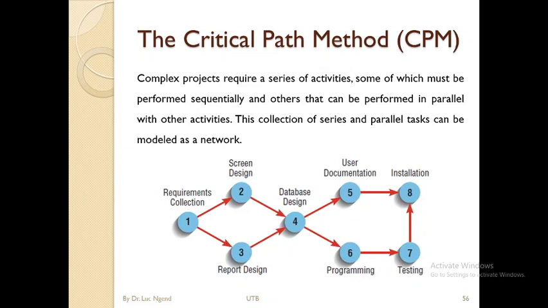Now, how do you proceed? Let's read. Complex projects require a series of activities, some of which must be performed sequentially, and others that can be performed in parallel with other activities. This collection of series and parallel tasks can be modeled as a network. So this is it. You build a network.